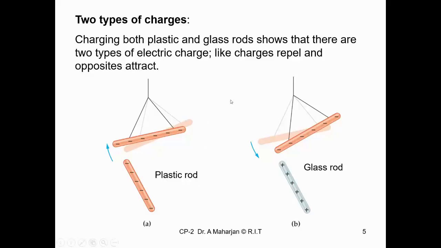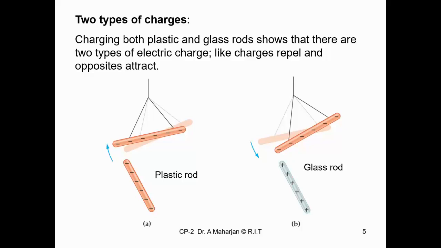There are two types of charges actually, and people didn't know in the beginning, when it was discovered, what causes that. If you have a charged plastic rod, charged means you have to first rub it against a floor or cloth, two charged plastic rods would repel each other. But if you bring that same charged plastic rod near a charged glass rod, they would attract each other.